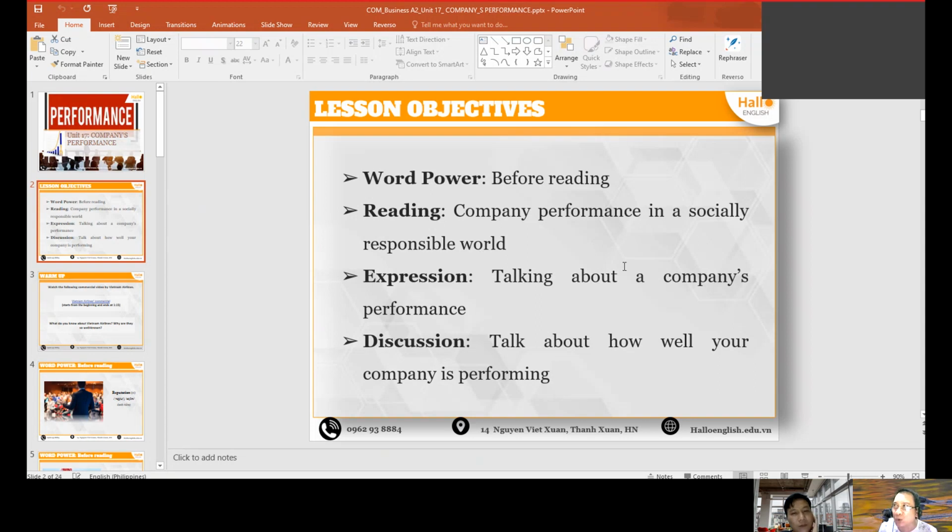You need to look at the people around you, so that you can think of something to help the people. That is a socially responsible world. And for the expression, talking about a company's performance, and for the discussion, talk about how well your company is performing.